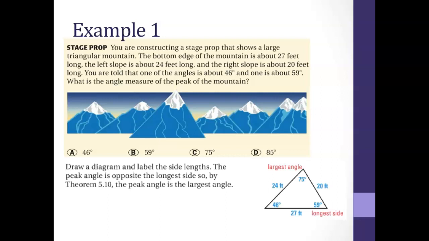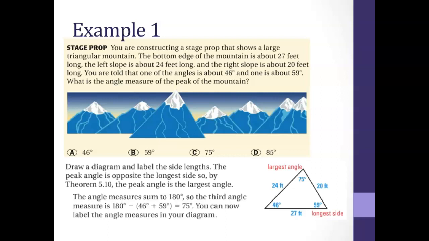Now, drawing everything out, we're told the bottom edge is 27 feet, the left slope is 24, and the right slope is 20 feet. So that's all drawn in there. Because you know two of the angles, 46 degrees and 59 degrees, you can determine the last angle measure by subtracting 46 and 59 from 180, and you get 75.